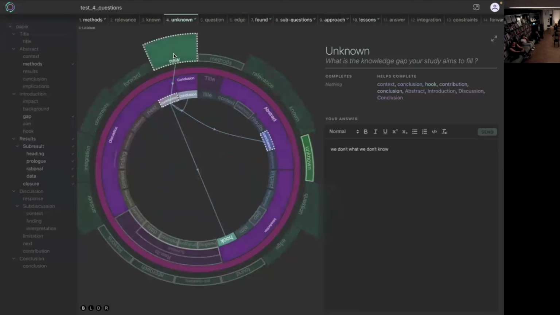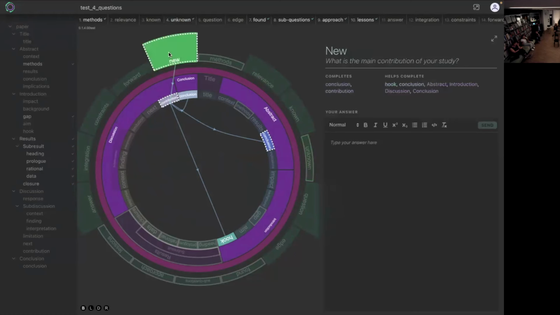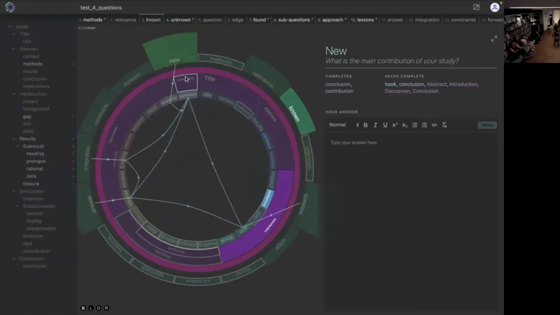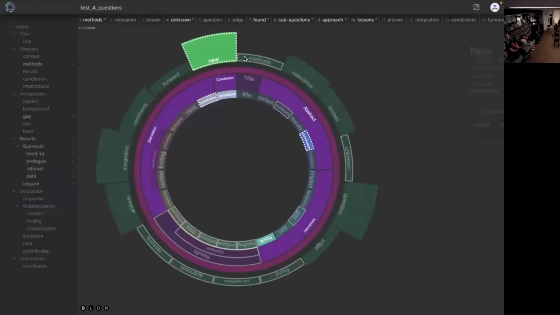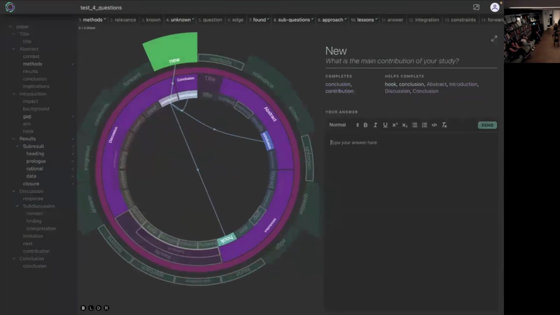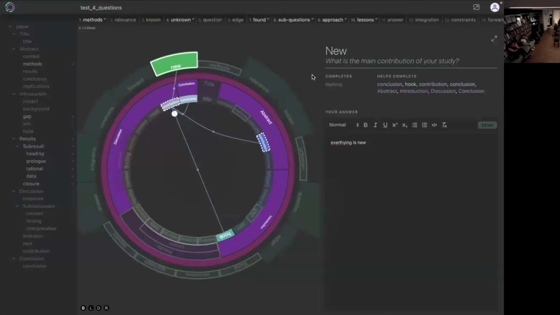Also the size of the question, this one being the biggest, new, tells you that it is the one that contributes the most to your paper at this point. So if you answer that one, I'm going to select it and answer, I will contribute with a stupid answer, but it's okay for my test.